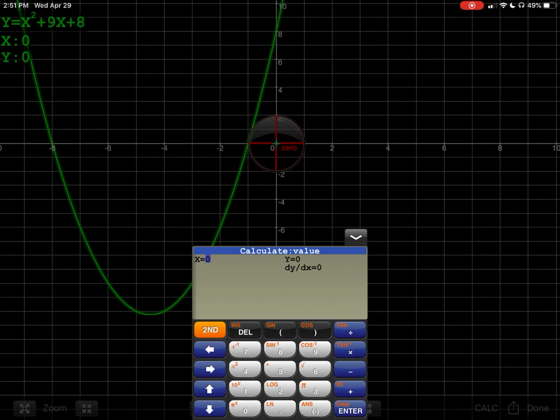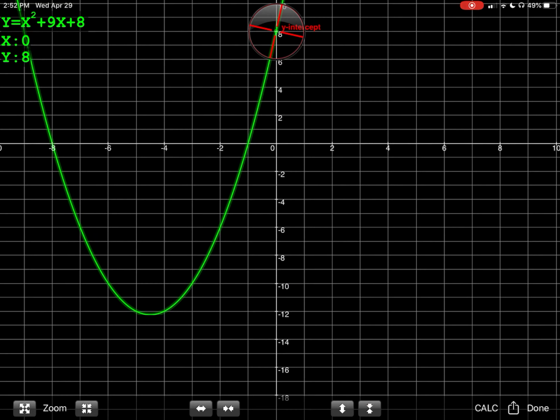If we look at this graph, like I told you, it turns here at negative 1, and then over here, it turns at negative 8, and then this vertex is down here in the middle. So there's negative 4.5, and since I have the cool technology, I can see that the y value is negative 12 and a quarter, or negative 12.25.